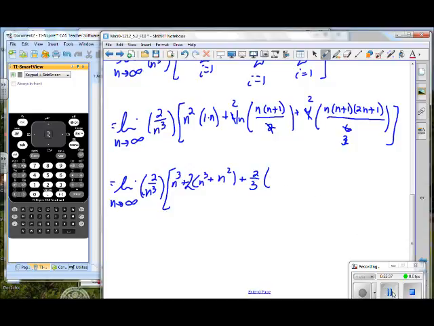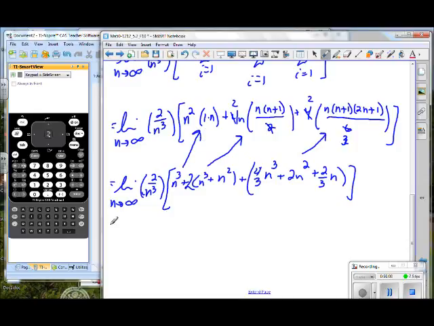I've done some other things, so let me back off here and just write what I have on my notes, and you can verify whether or not they are correct. I have 4/3, I'll put these in parentheses here, 4/3 n cubed plus 2n squared plus 2/3 n. And that would be coming from that term, this would be coming from that term, and so forth.